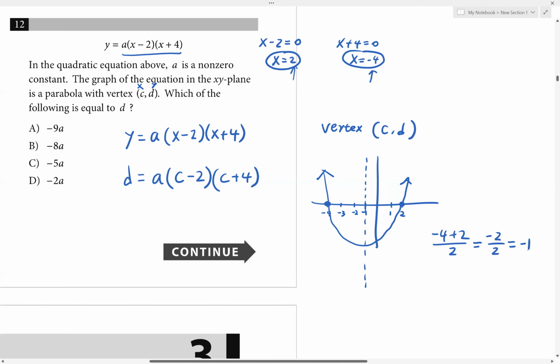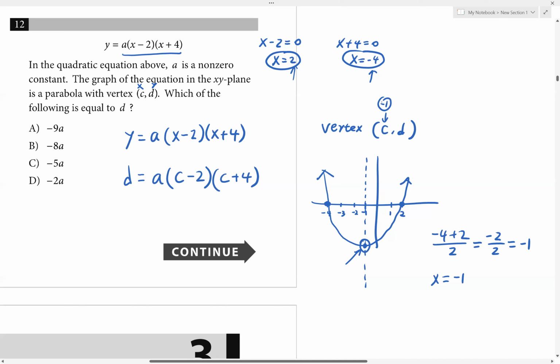No matter what the y value is, the x value of the vertex has to be right on the axis of symmetry. So the x value of the vertex is -1, which is the c value. The vertex is (c, d), so c should be -1.